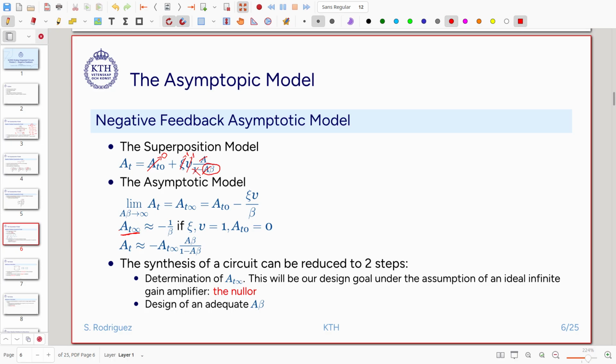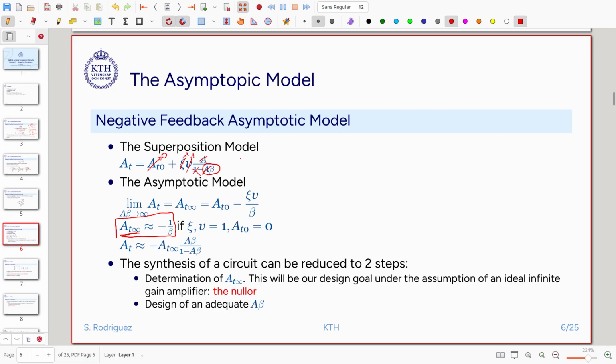Under those assumptions, we have that the asymptotic gain, the ideal gain, will be approximately equal to minus 1 divided by beta. Then I can rewrite this equation.